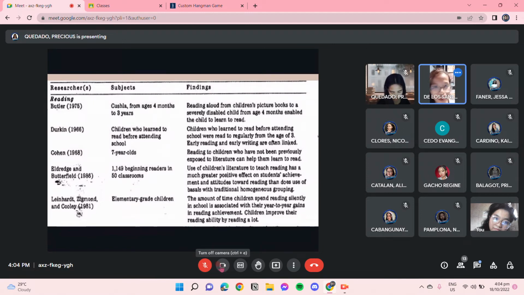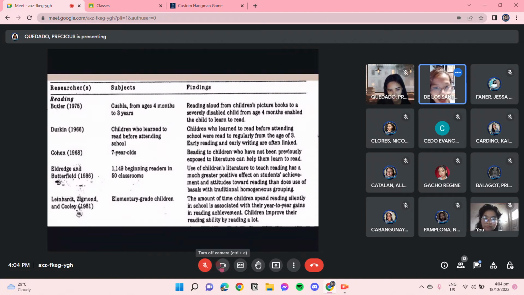So in the next findings, in Cohen 1968, his subject is 7 years old, he said that reading to children who have not been previously exposed to literature can help them learn to read.